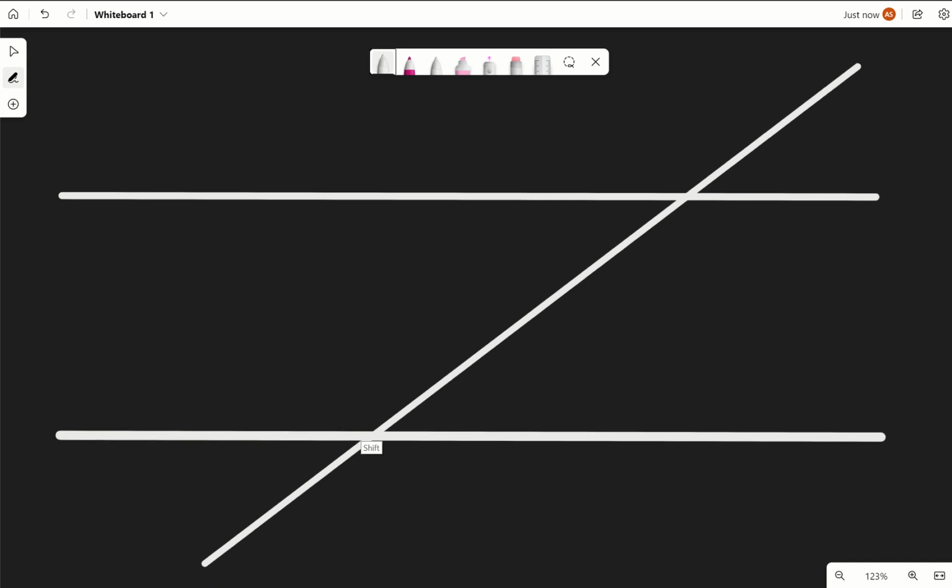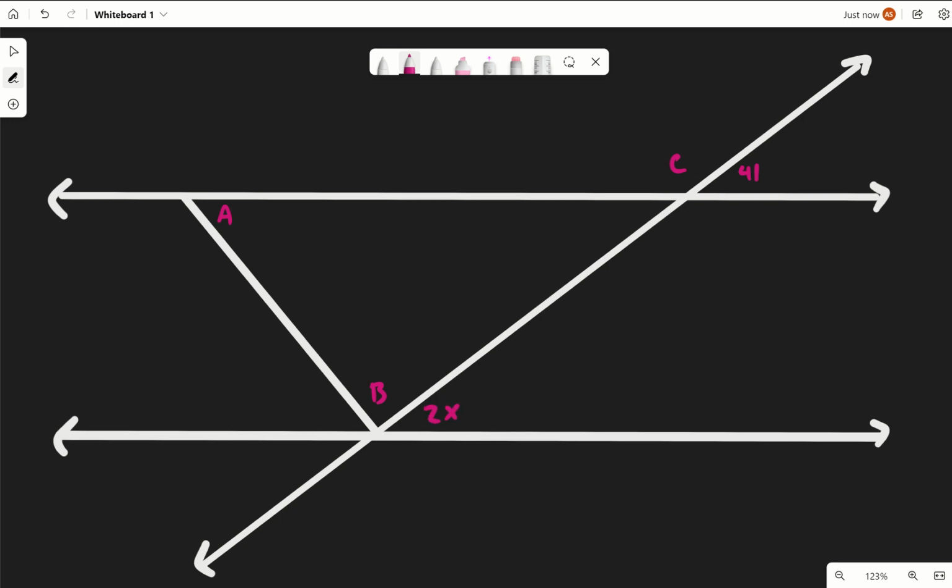Let's say this is a transversal that exists, and some things I know: this is angle A, this is angle B, this is angle C, this angle is 41 degrees, this angle is 2x degrees, and this angle is 55 degrees.